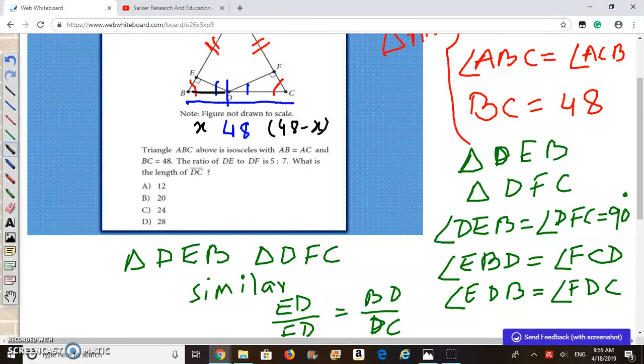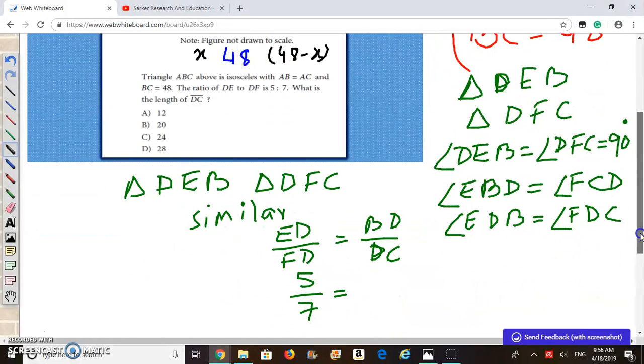So this is BD and this is DC. If BD is X, then the DC portion will be 48 minus X, because BD plus DC is 48. So we can write 5/7 equals X, which is BD, over 48 minus X.